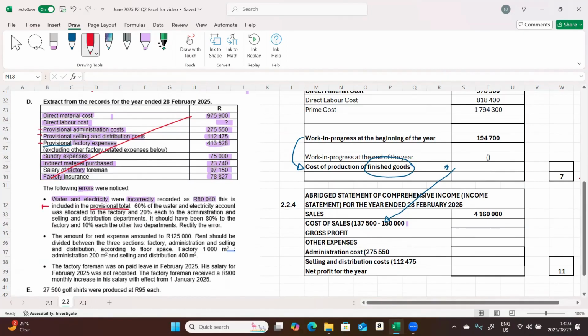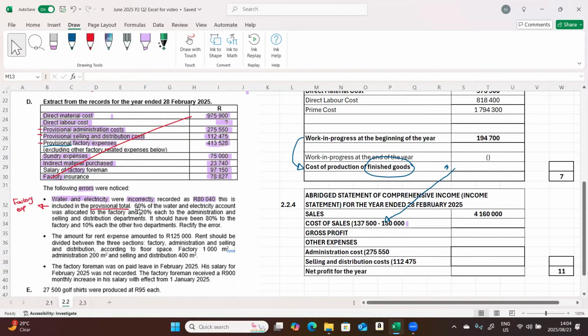They should have said the factory expenses provisional total. So that is what had to be added over here. Then you would be able to get this correct. Okay, cool. So this 80,040 was included in the factory expenses provisional total.